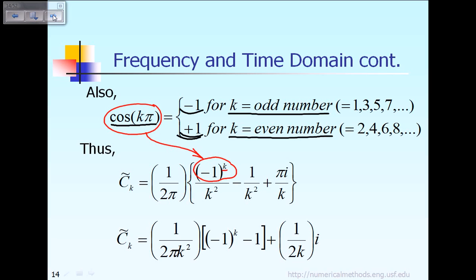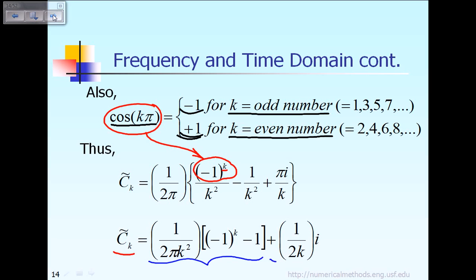So that equation right there can be separated into two portions for c tilde k. The first portion corresponds to the real part of the complex number c tilde k.